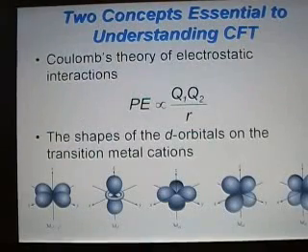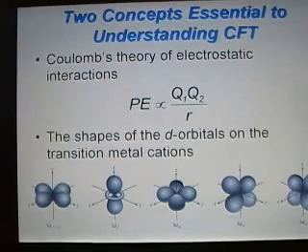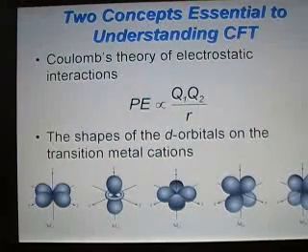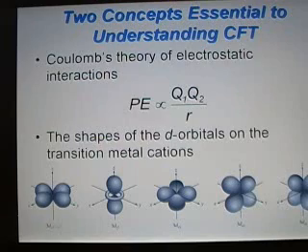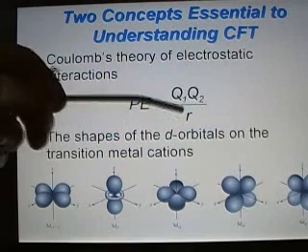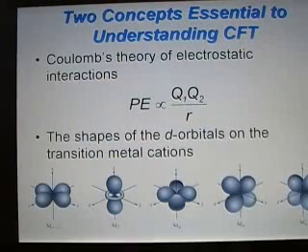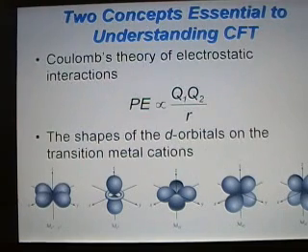So there's going to be more potential energy if the charges on the ions are larger, or if the distance between them is smaller. We also have to take into account the shapes of the d orbitals on the transition metal cations. So you have to know these now, if you didn't before.